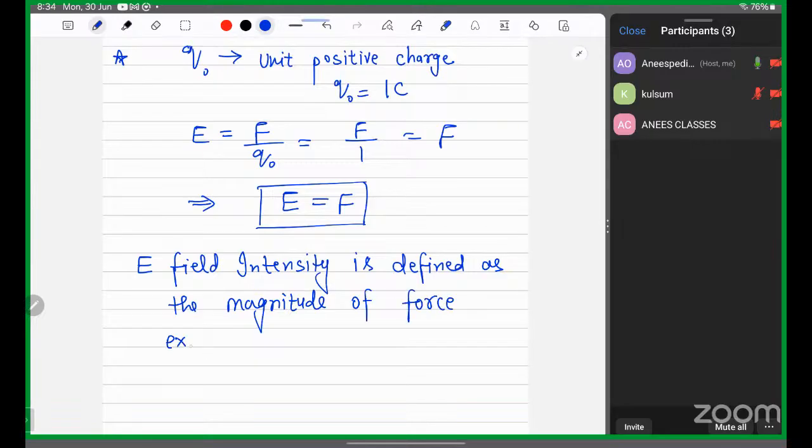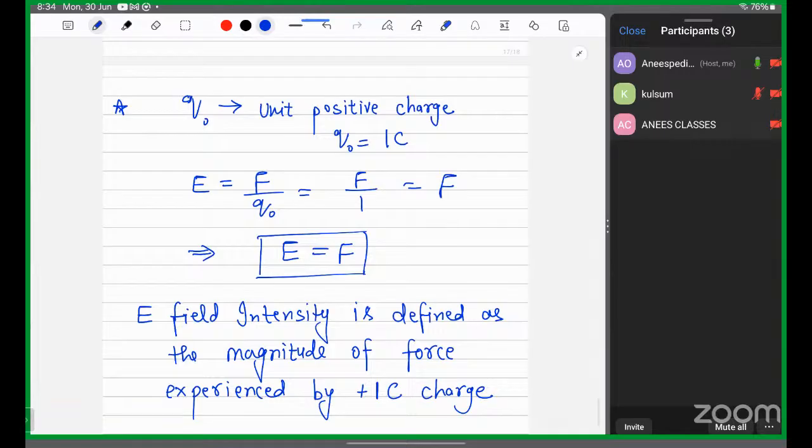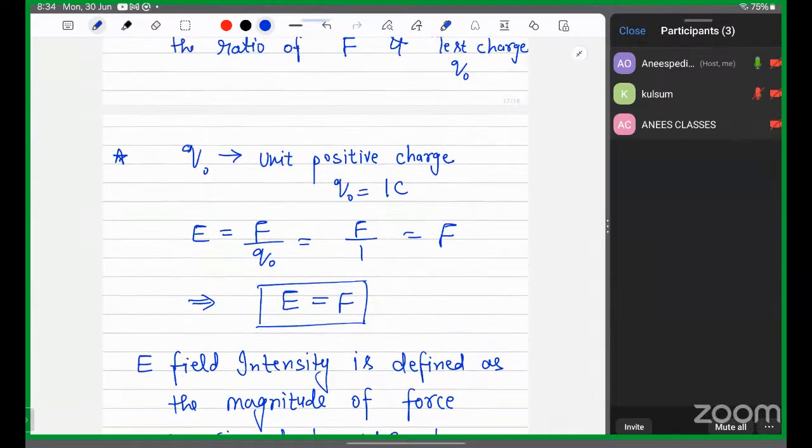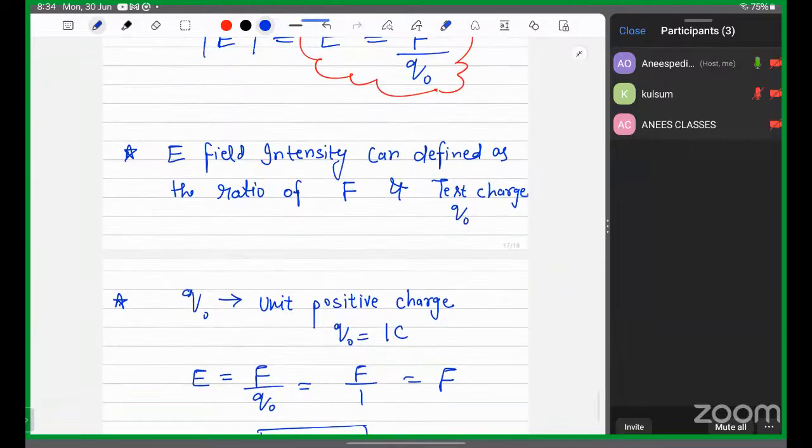experienced by 1 coulomb charge, or to be precise, plus 1 coulomb charge, because Q naught is test charge and its polarity will be positive. So this is another definition for electric field intensity. Either you can look at it in terms of force, or you can look at it in terms of ratio, which is F and Q naught.